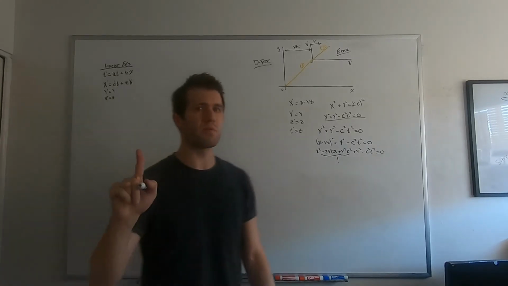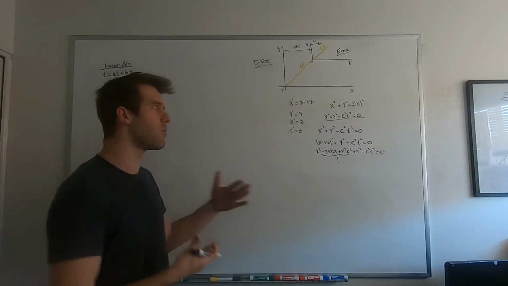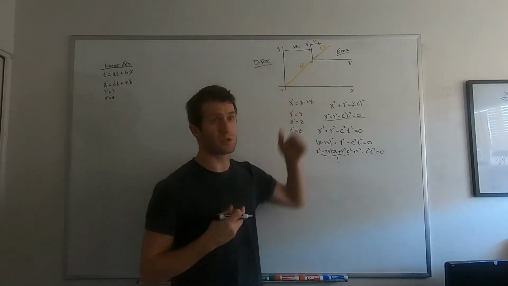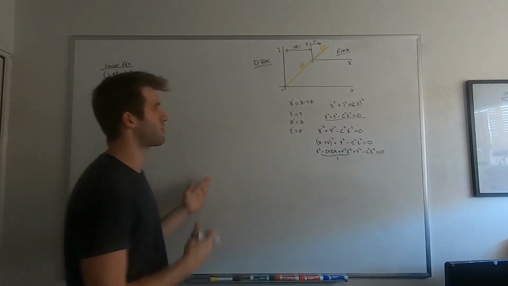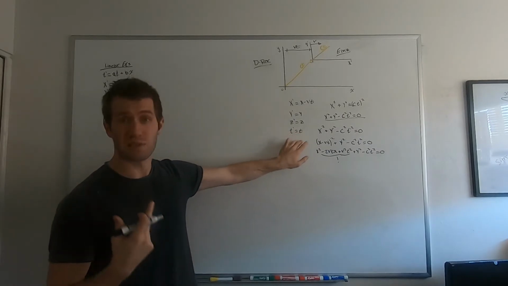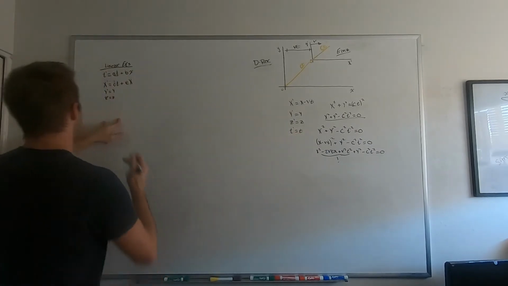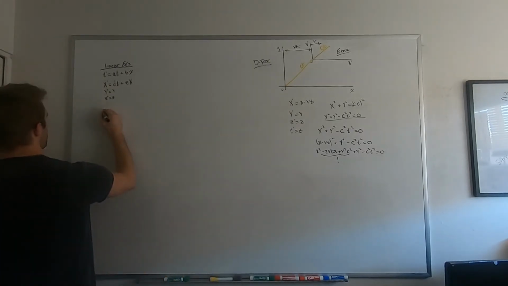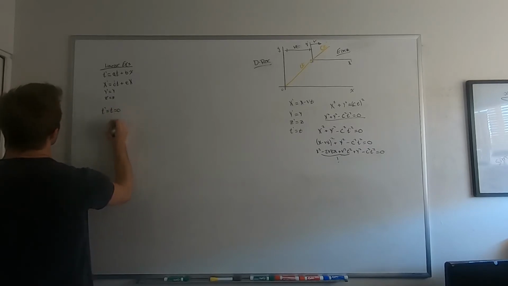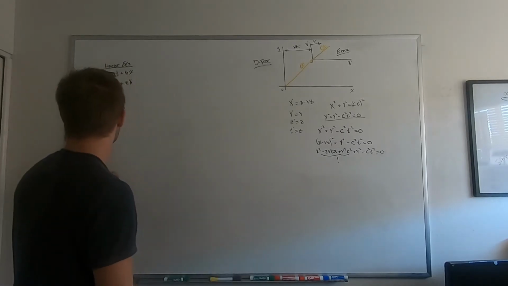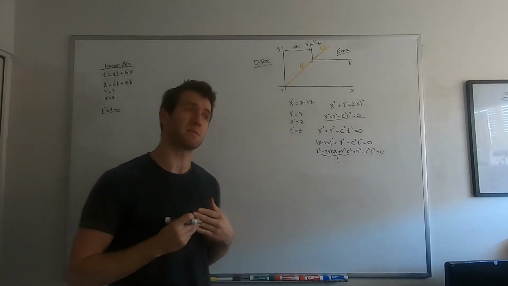Now there is one place at which time will always be the same for both observers. That is when the origin points are coinciding with one another. So t prime is equal to t when they are both equal to 0. At time 0, they will agree on that. We know that for sure. All right, great. So now let's start adding some scenarios.